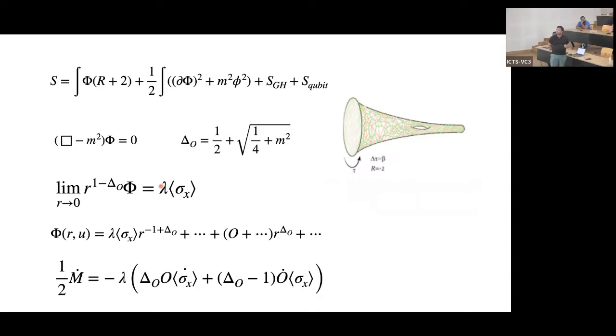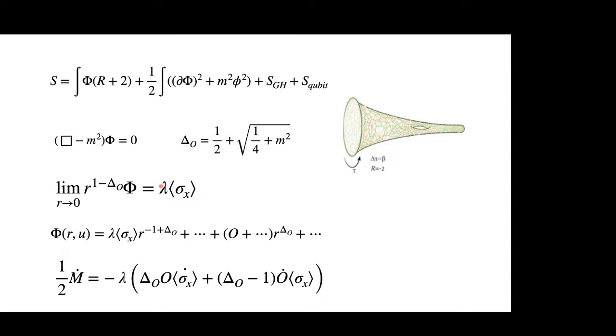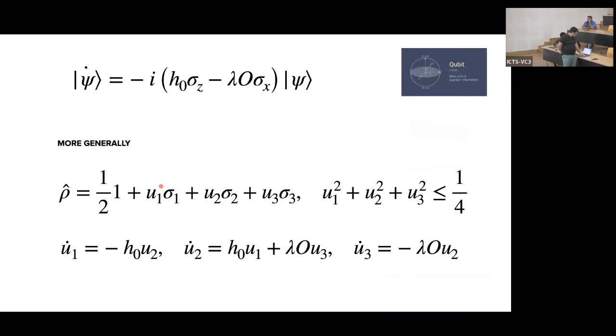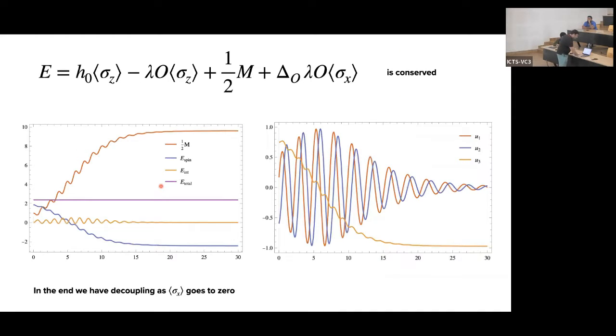So that means this is the thing that should source the boundary field theory. Yeah, that's exactly what I said. Yes, I agree. Okay. So anyway, this is what is happening.